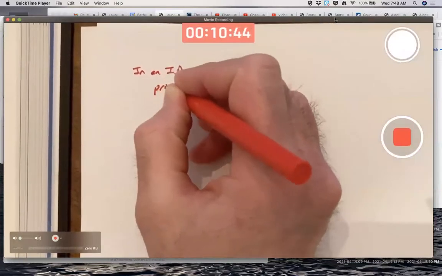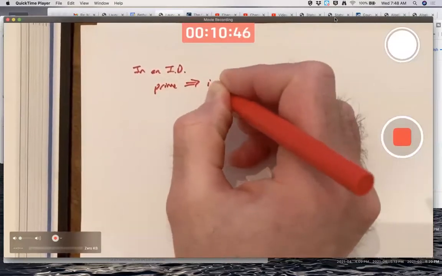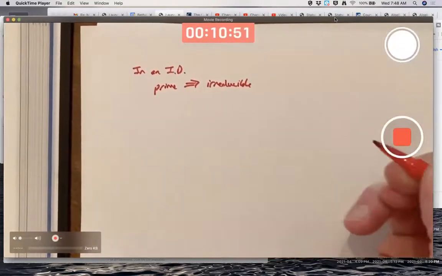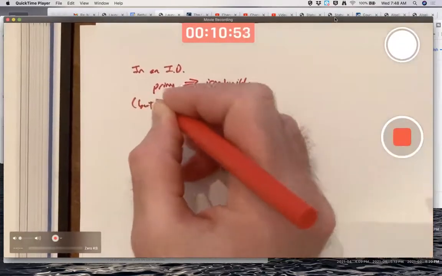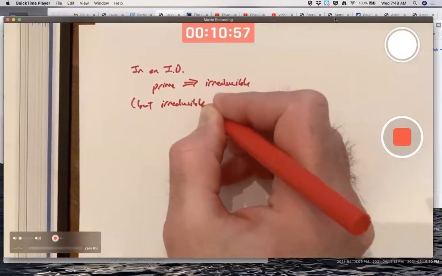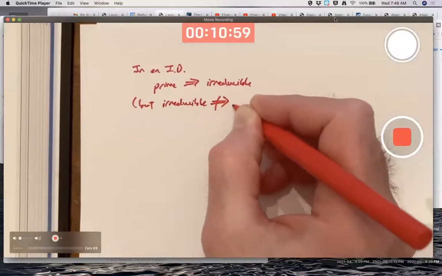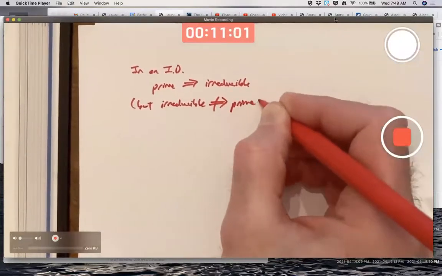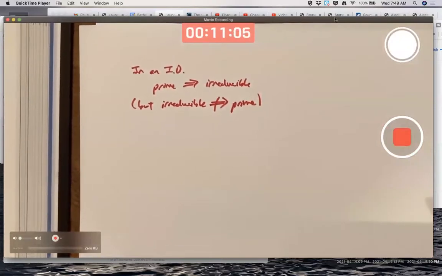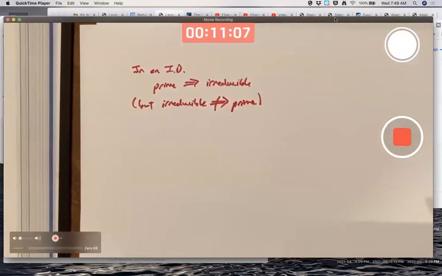Prime implies irreducible. Okay, but by that example, irreducible in general does not imply prime. If the only factorizations are trivial, the analog of Euclid's lemma is not necessarily true.